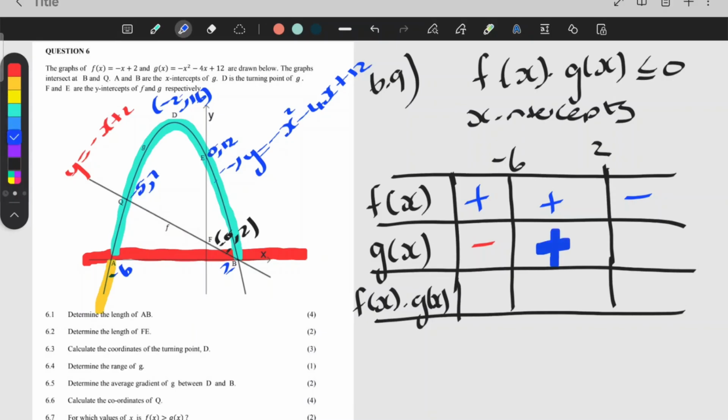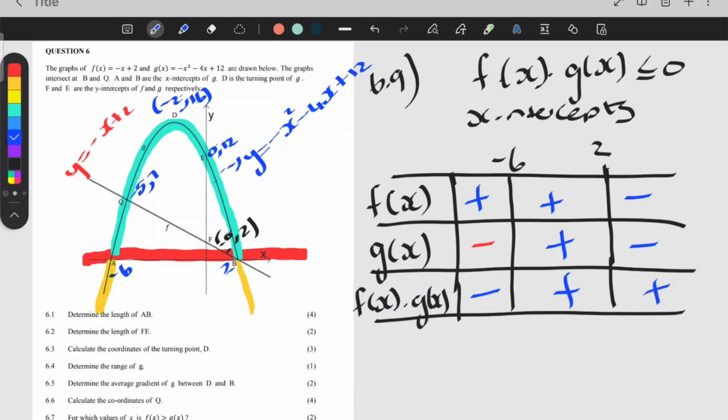And then after that, the parabola goes this way, it's below the x-axis. Okay, so now I'm just going to do it: a positive times a negative is a negative. A positive times a positive is a positive. And a negative times a negative is a positive.